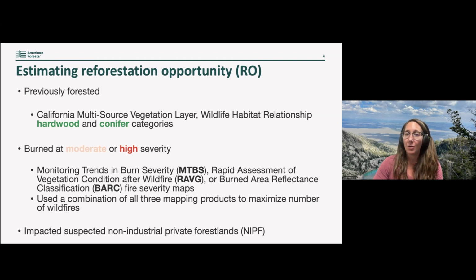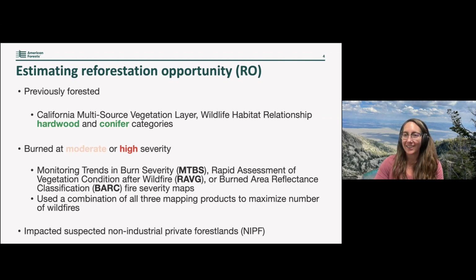And we might not see as much regeneration in some of those moderately burned areas, but really the focus was on those high severity areas where stand replacing fire has occurred because of that increased risk of type conversion and delayed regeneration or regeneration failure following some of these large and really high severe fires.